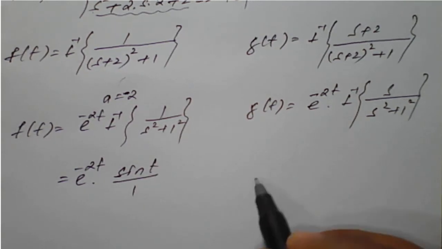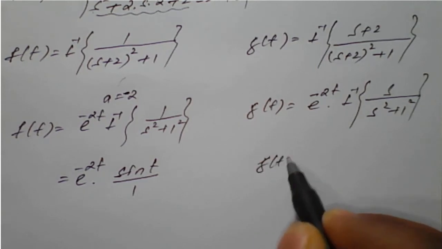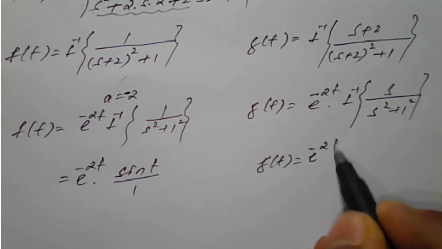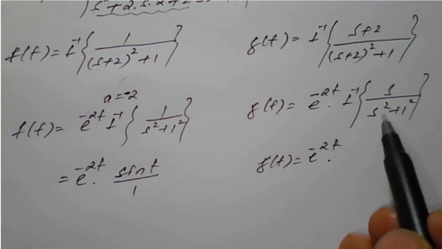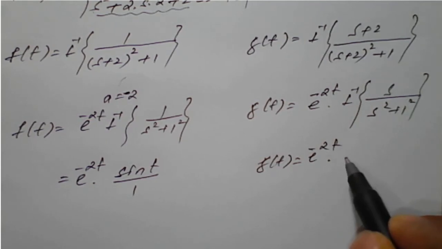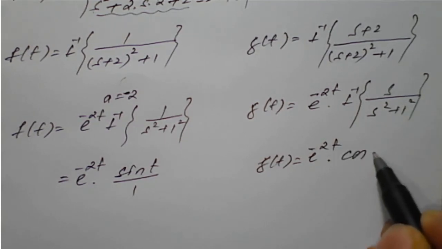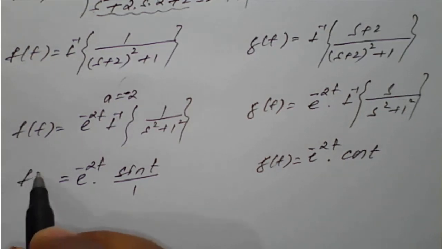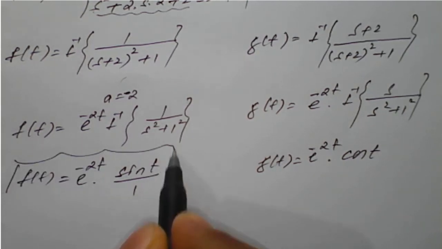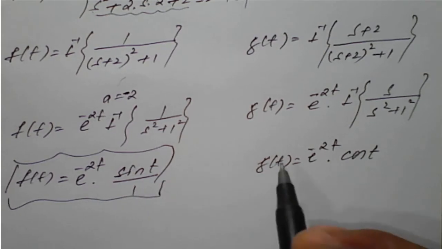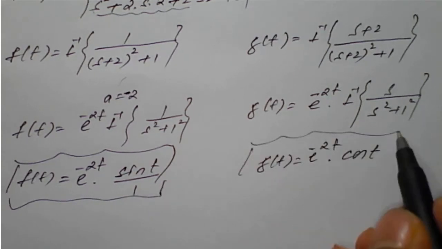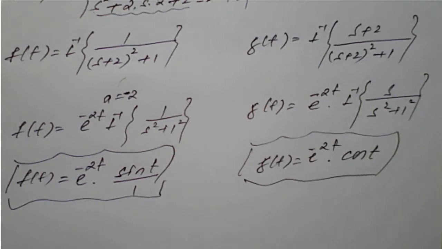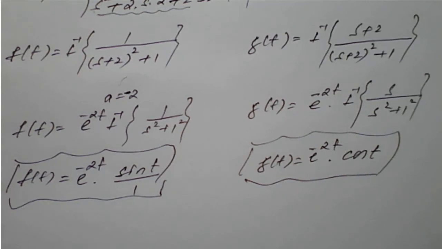Similarly, g(t) becomes e^(−2t) times s divided by s² + 1², which is cos t. Therefore f(t) and g(t) we got as e^(−2t) sin t and e^(−2t) cos t.